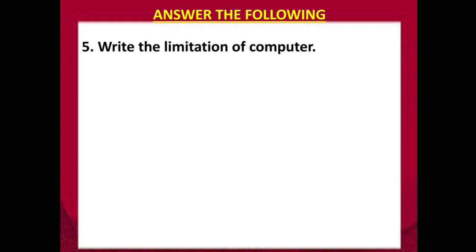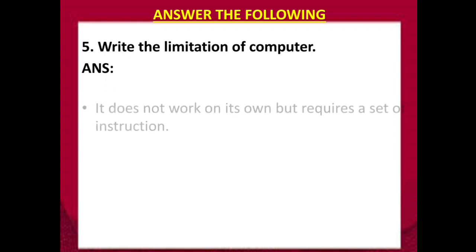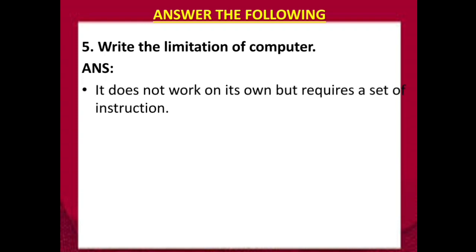Okay, the next one is: write the limitations of the computer. You should write what limitations there are for the computer. The first one is it does not work on its own but requires a set of instructions. If you give the instructions, then only the computer will work.